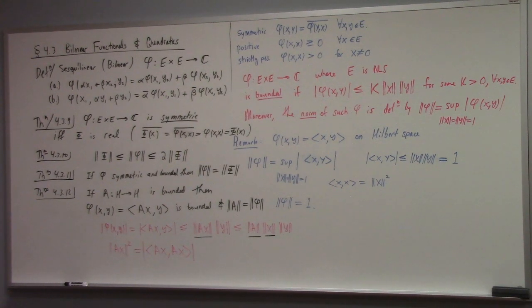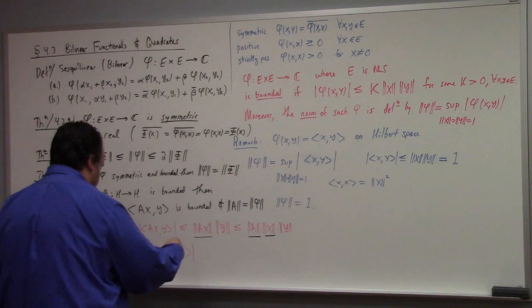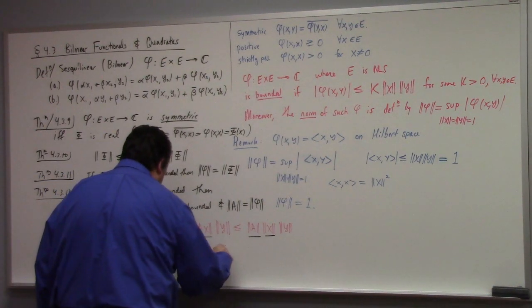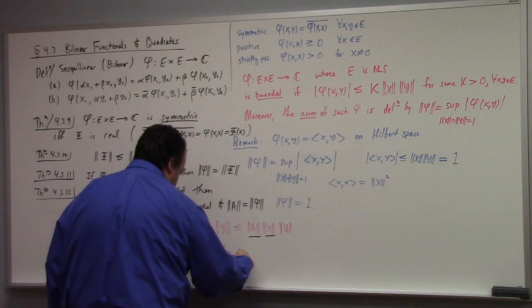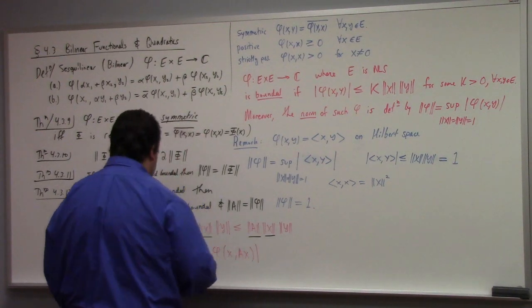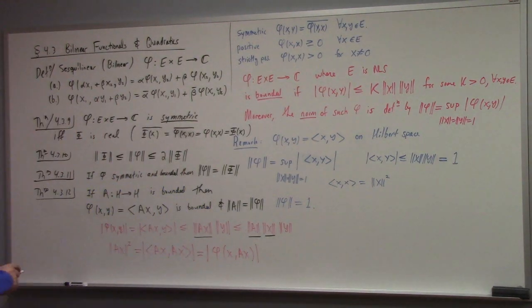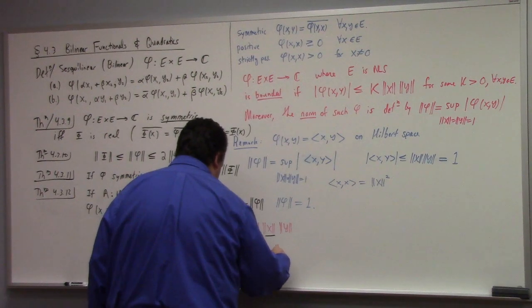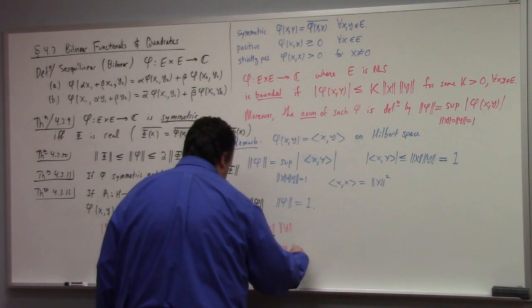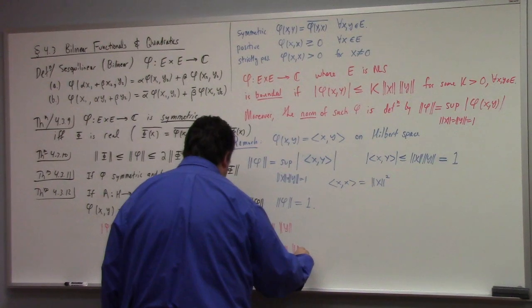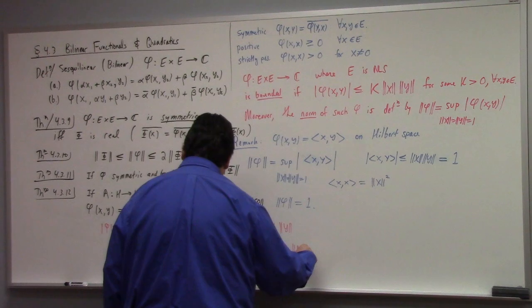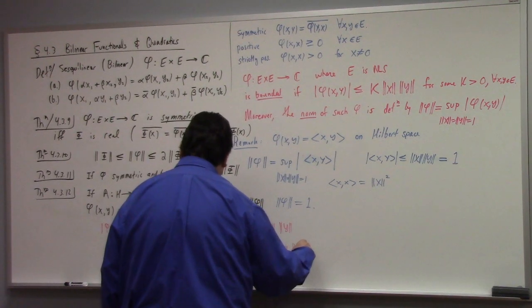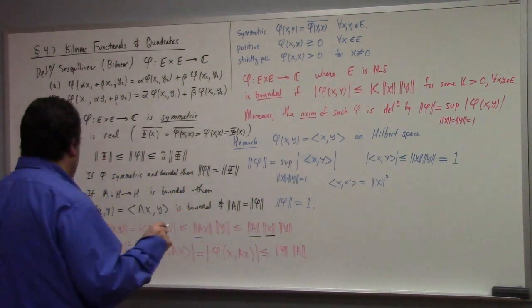He says that's equal to the absolute value of phi of x comma Ax, so you're putting y equal to Ax there, which is less than or equal to the norm of phi, the norm of A, oh, I'm sorry, I got lost all of a sudden.